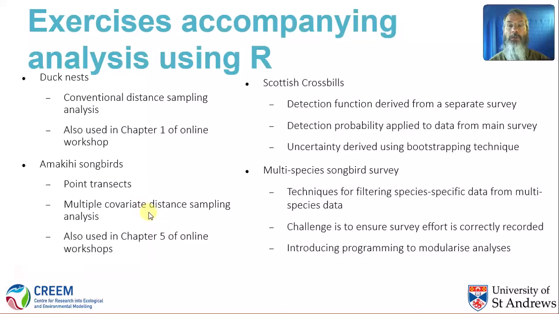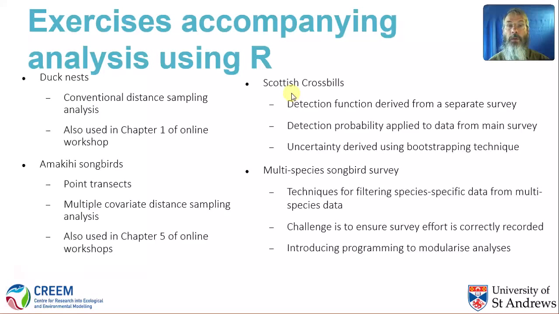The purpose of this exercise is to show you how to incorporate covariates into a distance sampling analysis that you do in R. Again, this data set was analyzed using Distance for Windows in Chapter 5 of these online materials. So again, go back and forth between the description of the analysis in Chapter 5 using Distance for Windows and this particular exercise in this chapter.